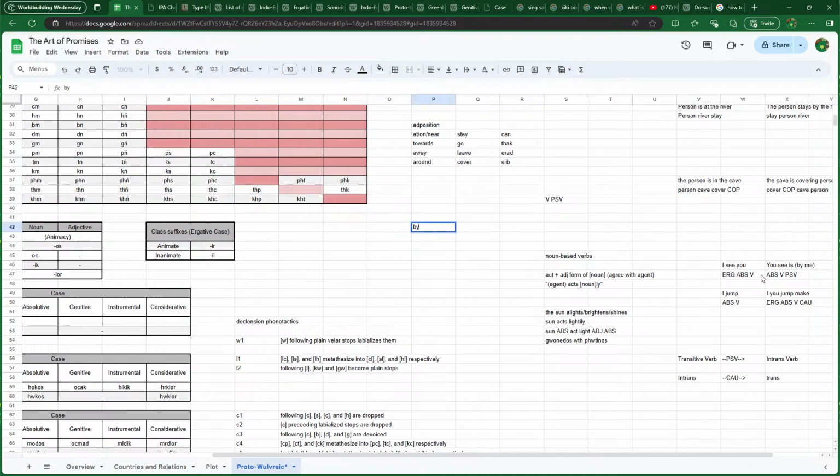Maybe if we have the instrumental case, right? So the person is in the fire, and the fire is around the person.